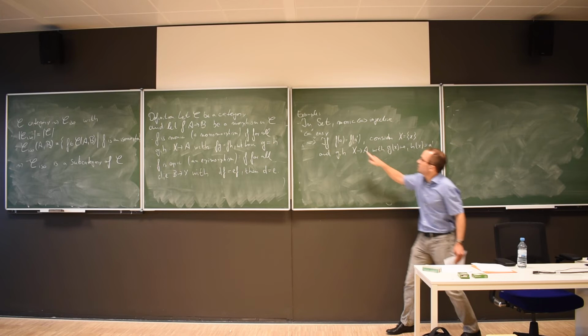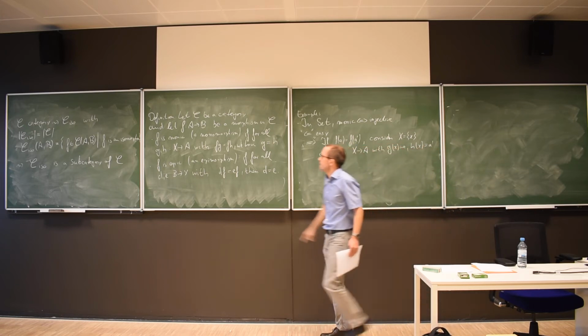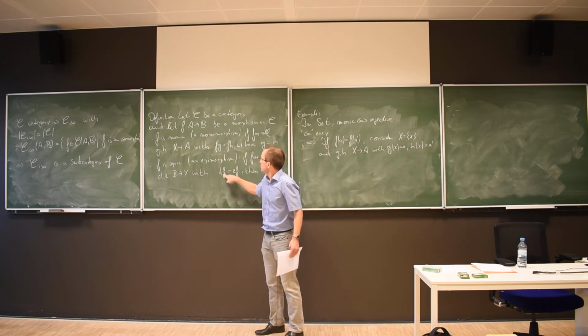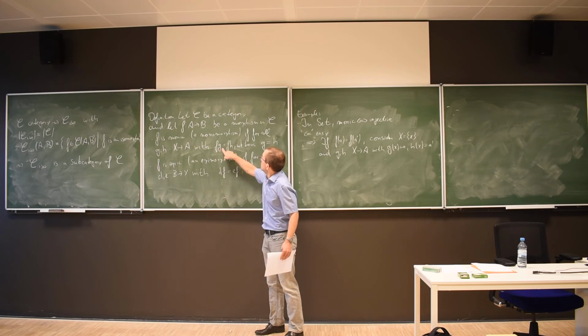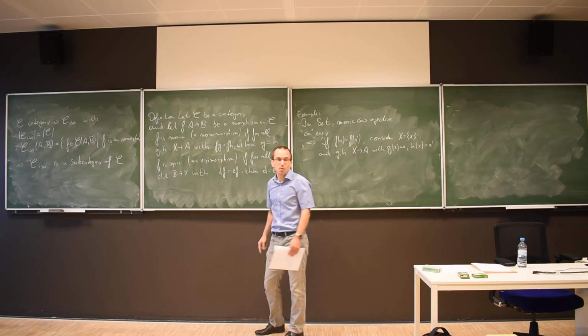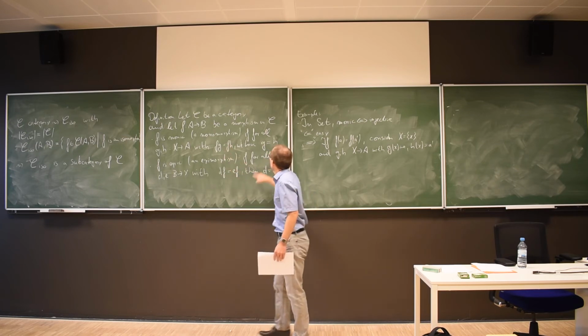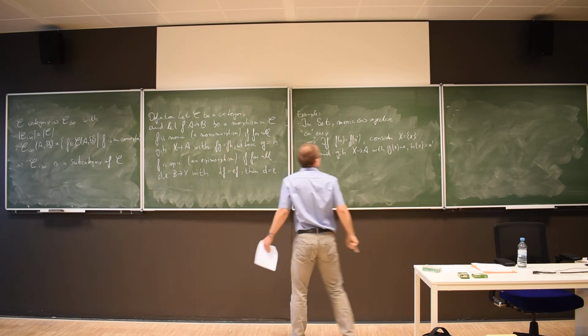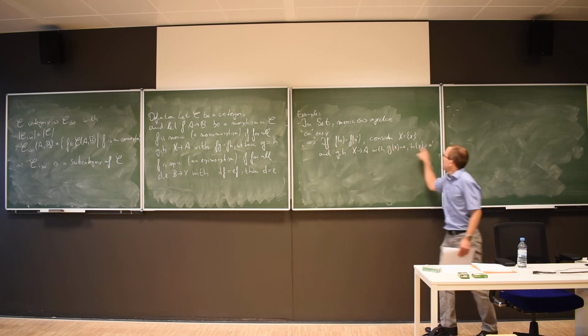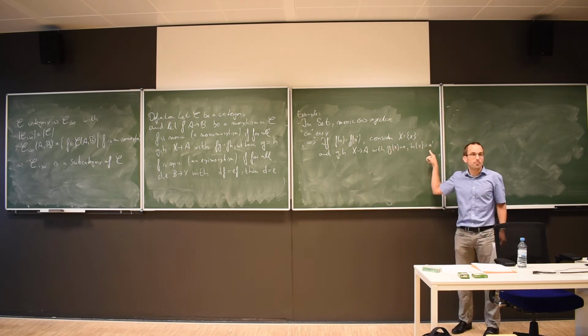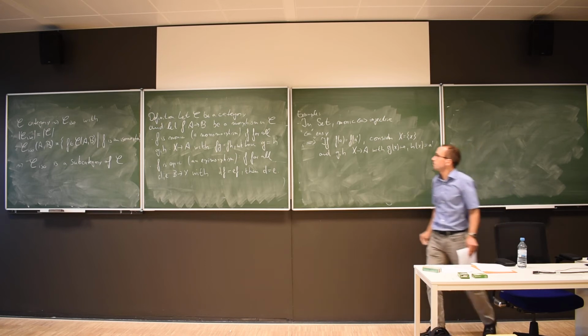Then this equality implies that we have Fg equals Fh. So now if we assume that F is monic, it follows that G equals H, but if G equals H, we have that A equals A prime. In this way, monic implies injective.